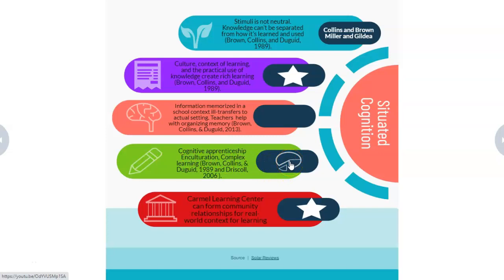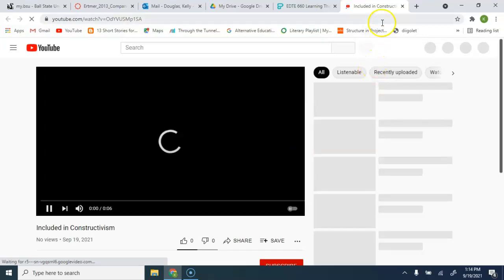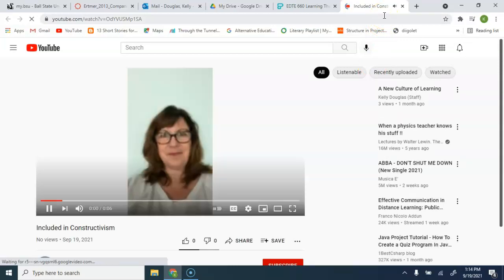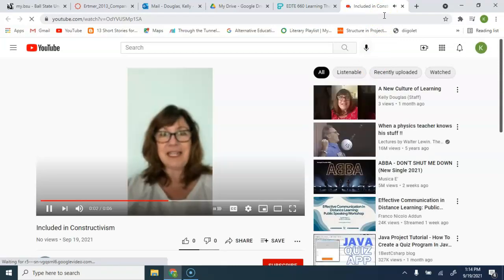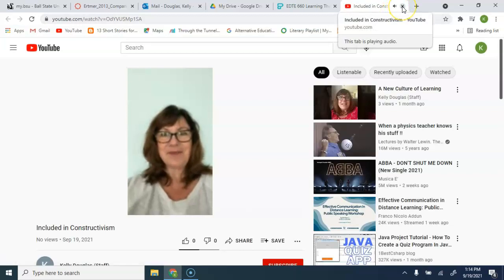And it is a part of another theory. Design included in Constructivism.